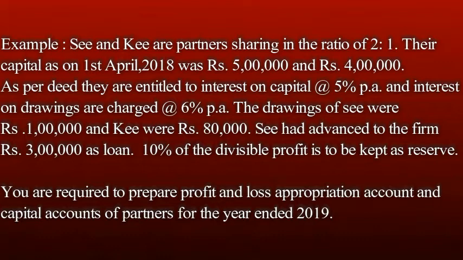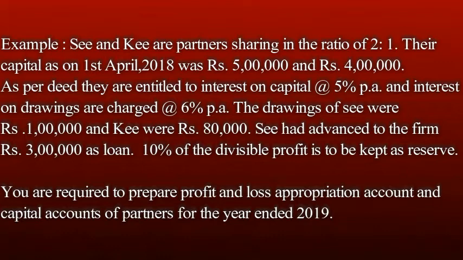Now we are asked to prepare a profit and loss appropriation account and capital accounts of partners. It is necessary to understand the question first. The question says, as per the deed, IOC is allowed to partners and IOD is charged on partners' drawings. The rate is given as 6% per annum.